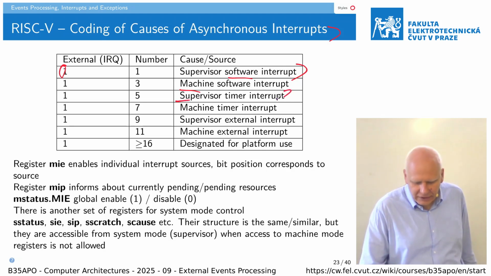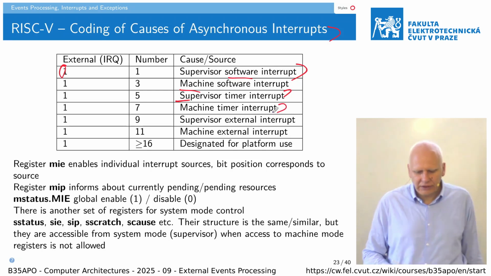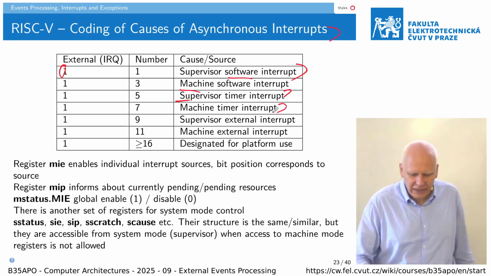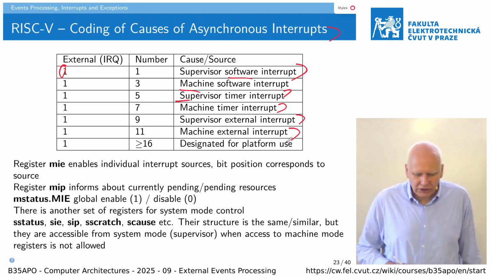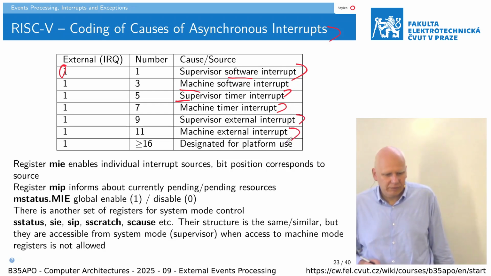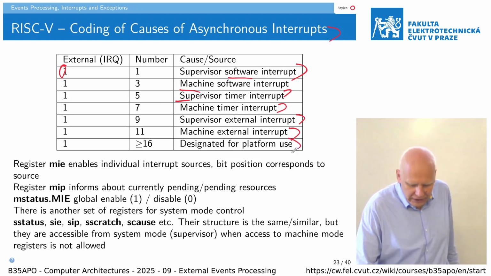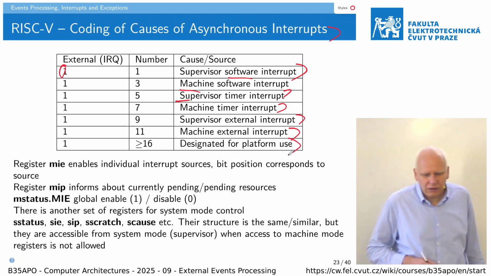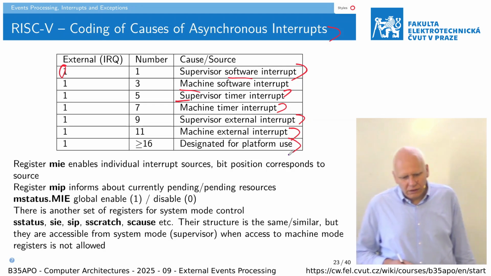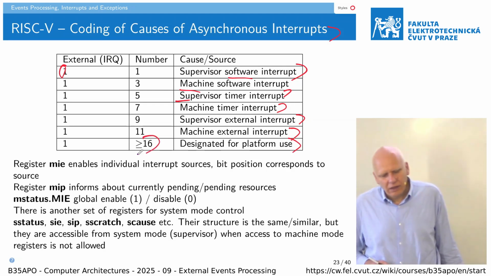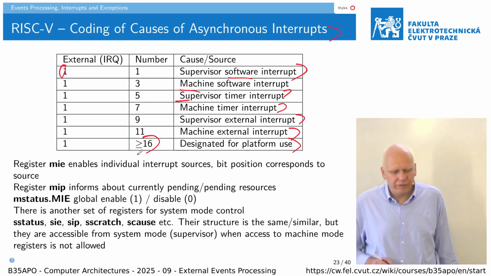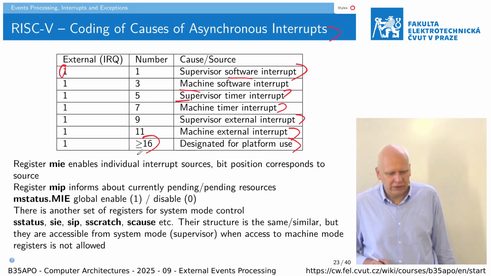Then supervisor timer interrupt and machine timer interrupt. And then we can have there the supervisor external interrupt and machine external interrupt. And then there is a list of those; codes bigger than 16 are available usually for additional user-defined sources.